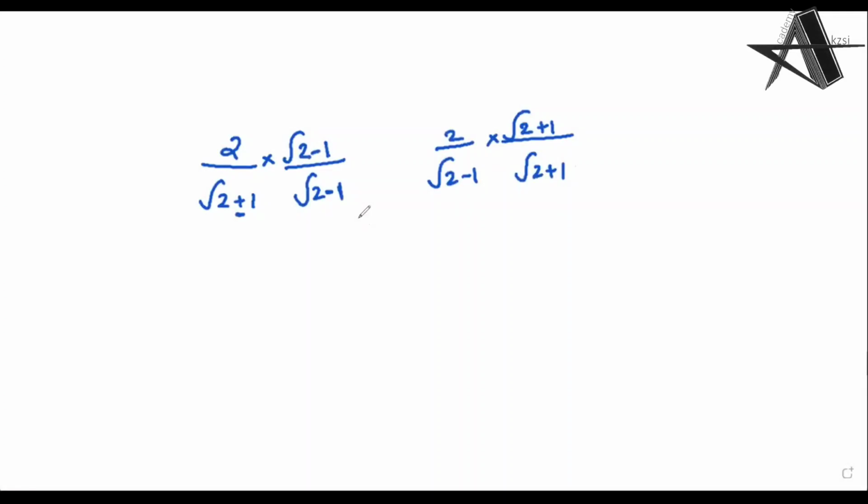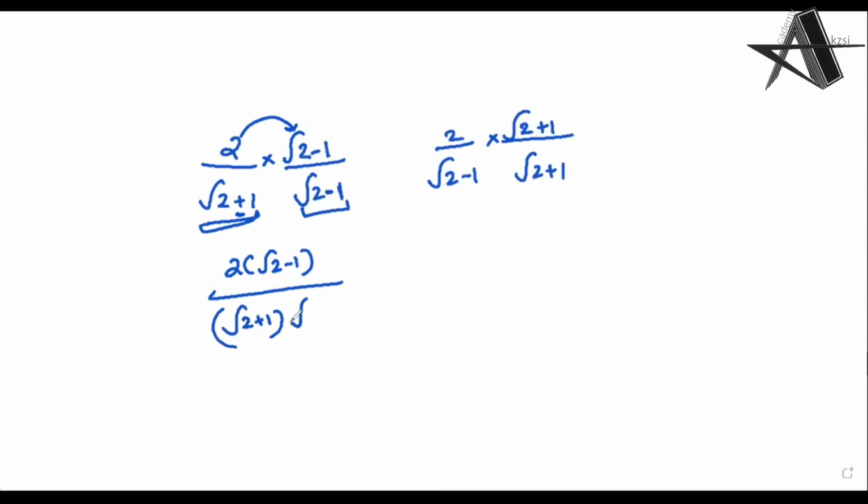The rest is just basic multiplication that you have done in your algebra, and that you have been doing, to be honest. So that is 2 times root 2 minus 1 over root 2 plus 1 times root 2 minus 1.